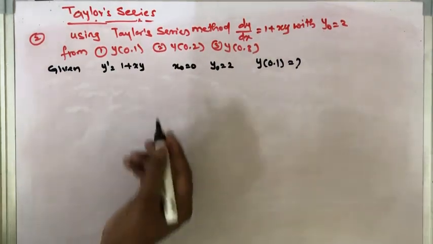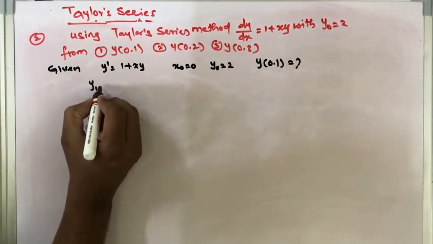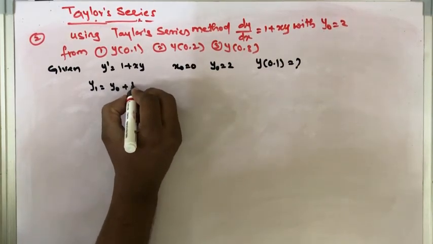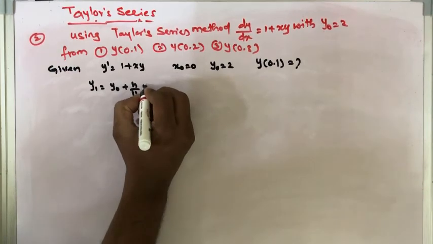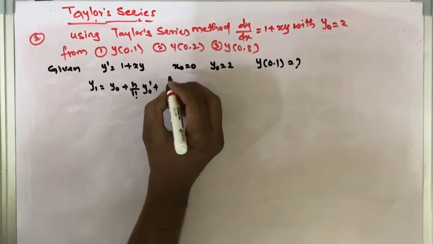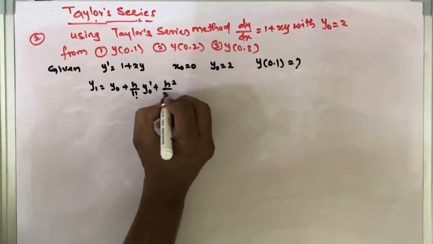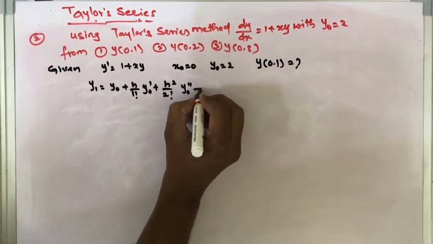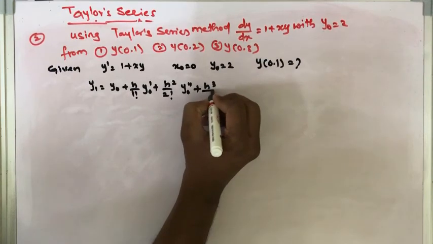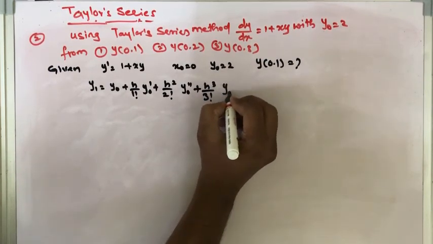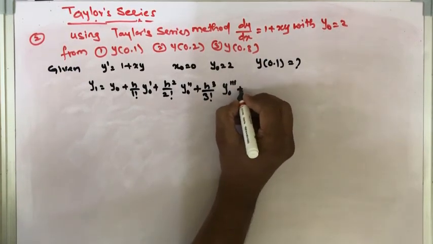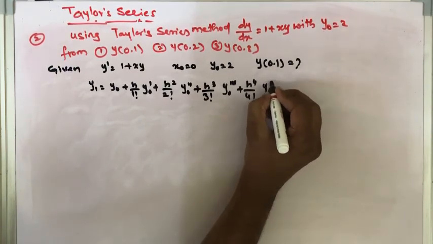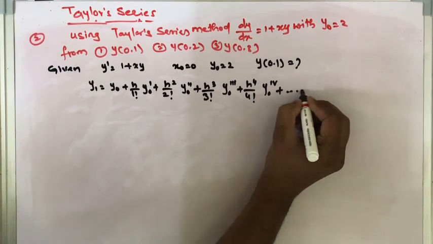So the Taylor series says y1 equals y0 plus h by 1 factorial into y0 dash, plus h square by 2 factorial y0 double dash, plus h cube by 3 factorial y0 triple dash, plus h raised to 4 by 4 factorial into y0 quarter dash, plus so on.